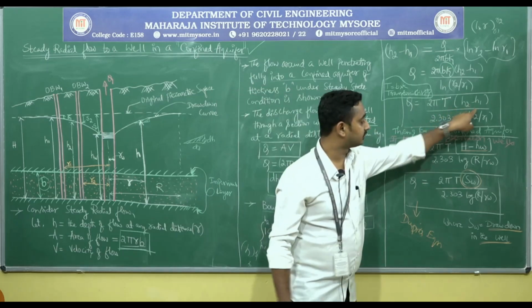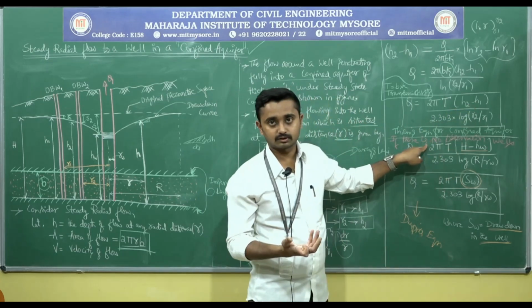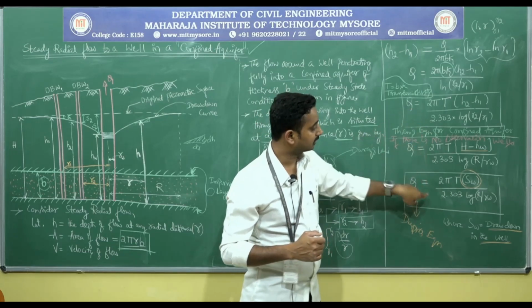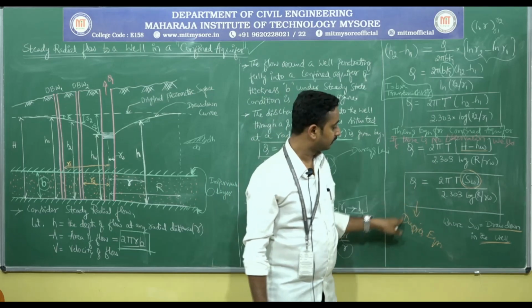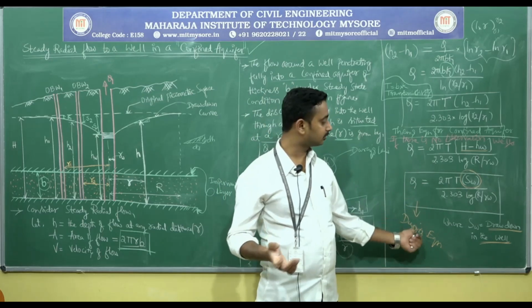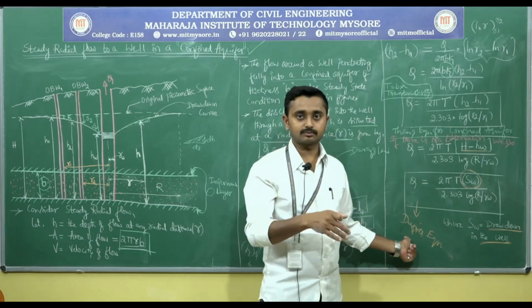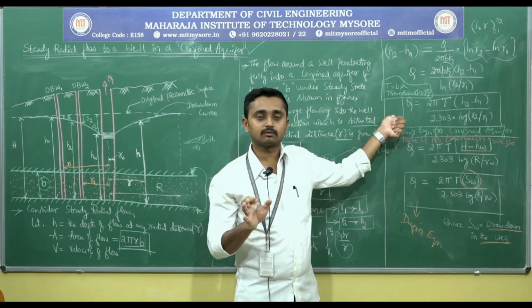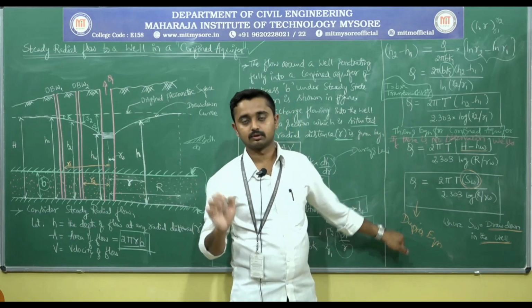If the terminologies are modified because there is no observation well, the same equation becomes like this. This is Dupuit's equation. If there is an observation well, that becomes Thiem's equation. If there is no observation well, Dupuit's equation.